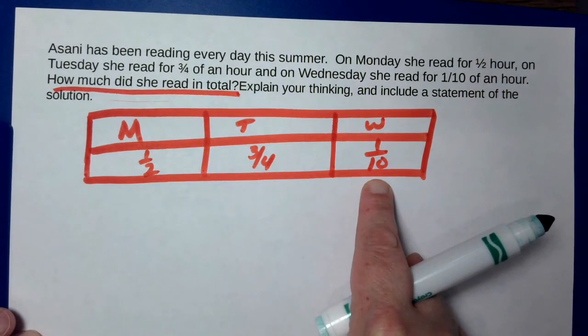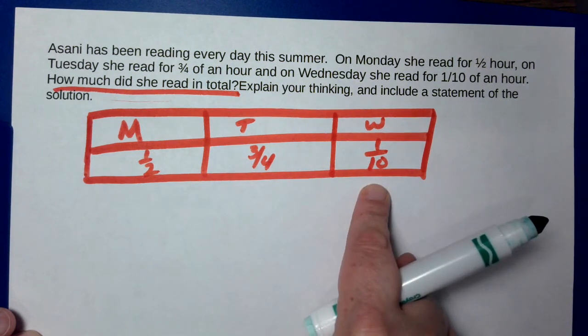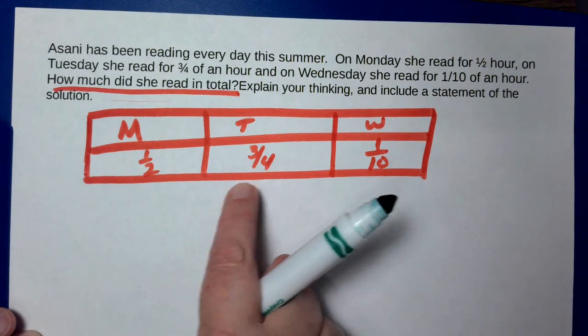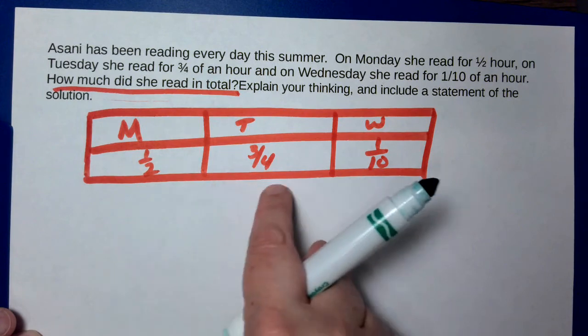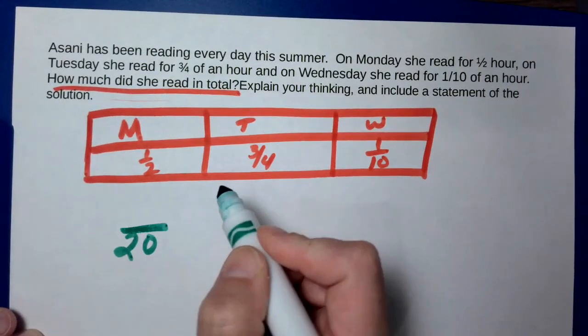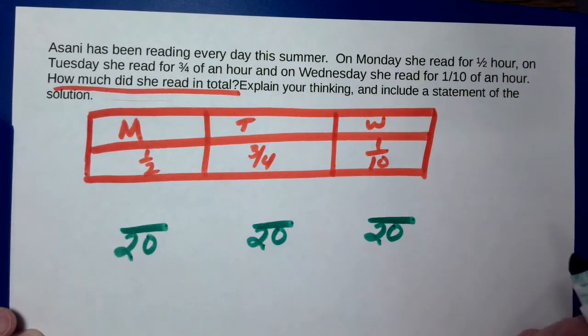I'm going to choose a multiple that will work with all three of them. 4 is a little bit tricky here. The number that I'm choosing is 20, because 20 is a multiple of all of these numbers, and 20 is friendly between all of them.